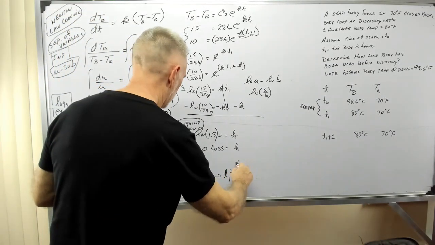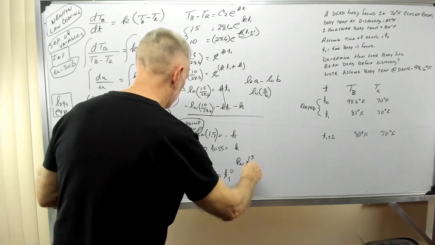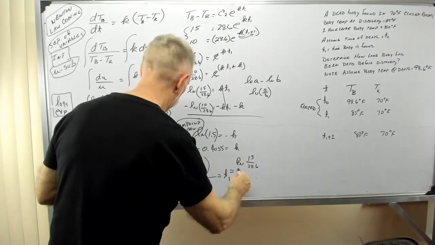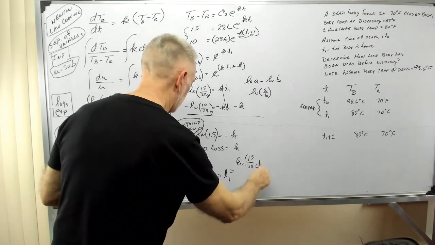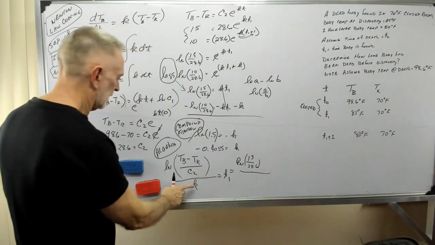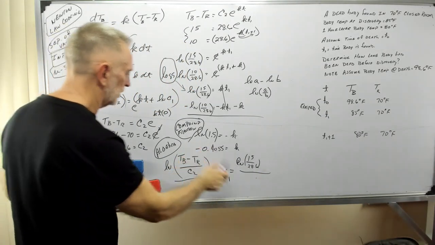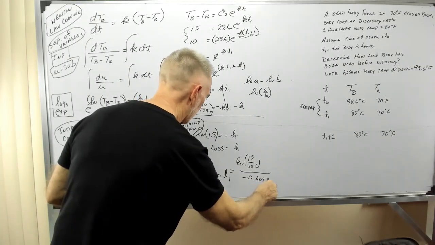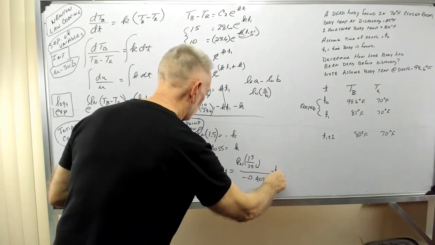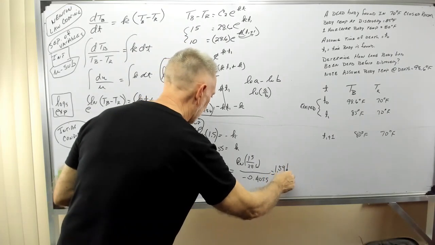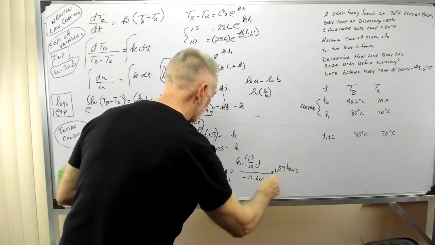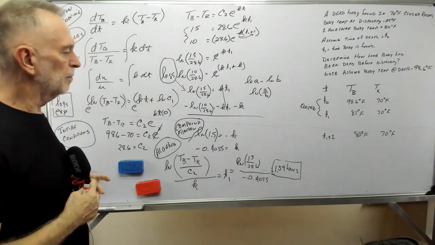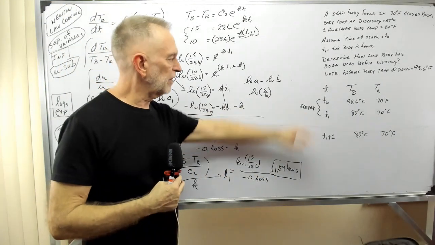So I have the natural log of 15 over C2, which is 28.6. So the natural log of that divided by k, which was a negative 0.4055, and that equals 1.59 hours. So that person had been deceased 1.59 hours.